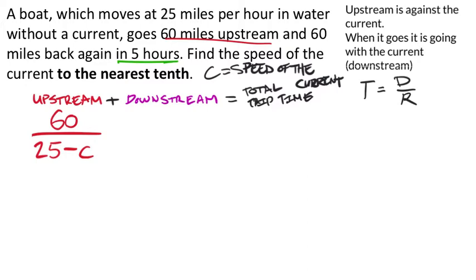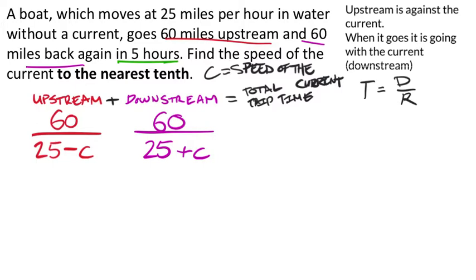Okay, well that's good. What about downstream? Well, again, I'm looking at it as a ratio because time is going to be distance divided by the rate. Well, it's the same distance though. You went the same 60 miles back again. So that's going to be 60 over, again, you have the speed of your boat because that's your rate, but now you're going with the current, so it's adding to your speed.